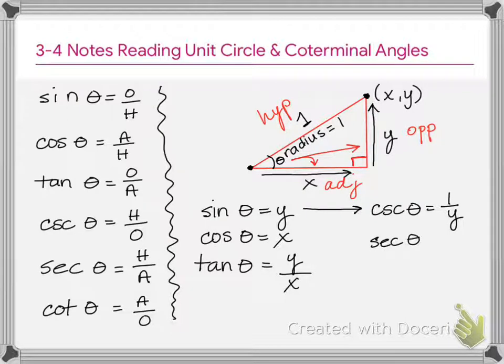Secant is going to be the reciprocal of cosine. And then cotangent will be the reciprocal of tangent. So we're looking at x divided by y.